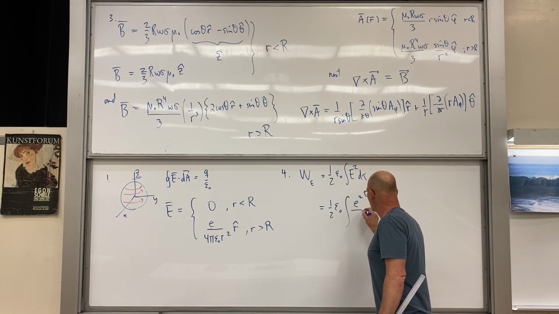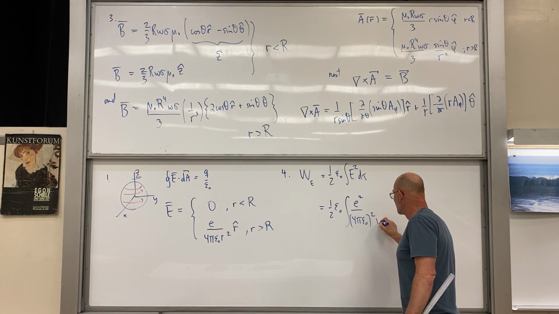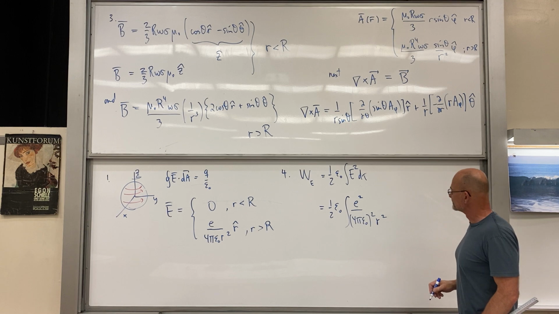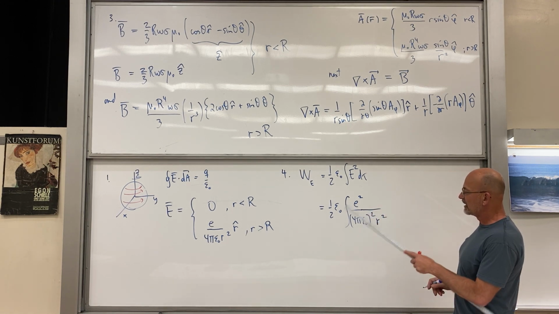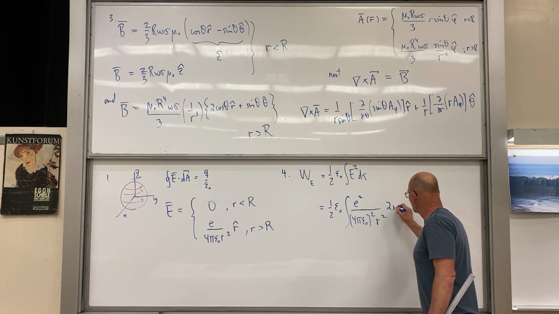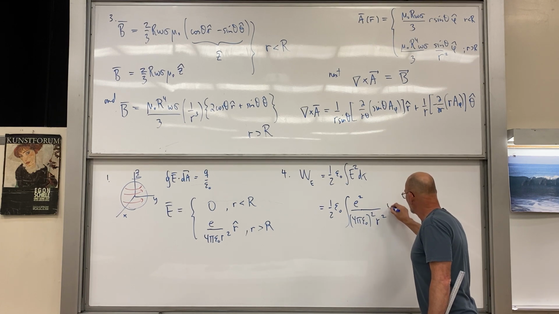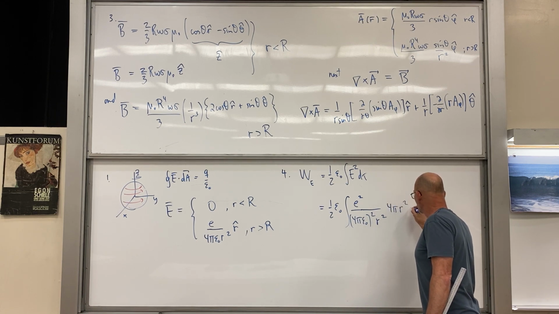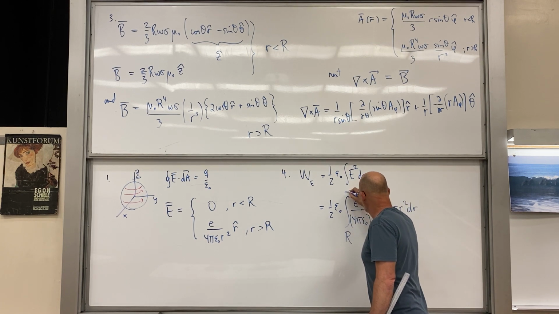E squared over 4 pi epsilon naught squared r squared. And we'll just do it by shells, so 4 pi r squared dr from capital R to infinity.